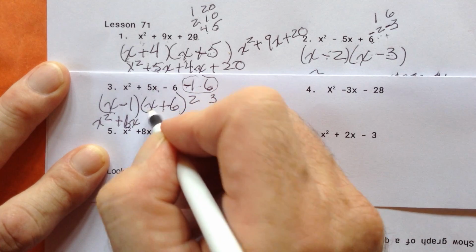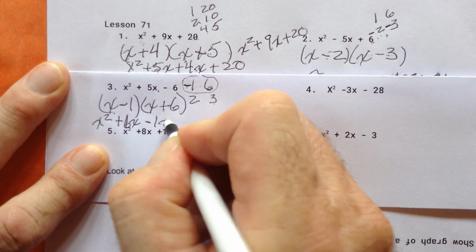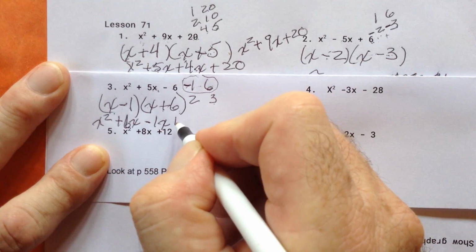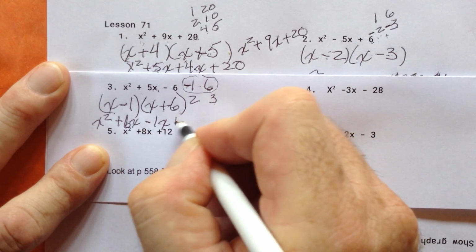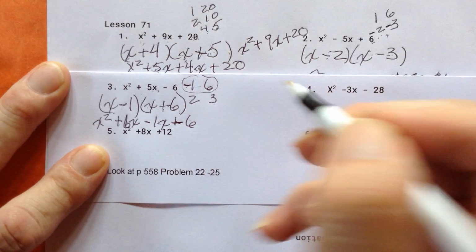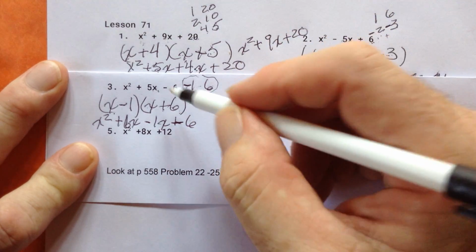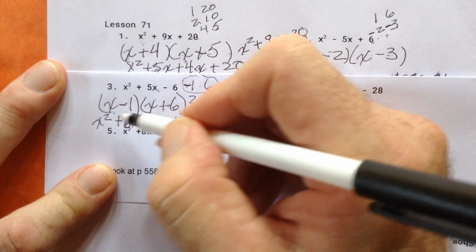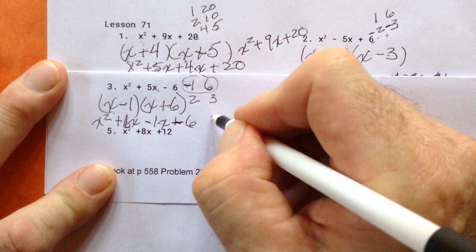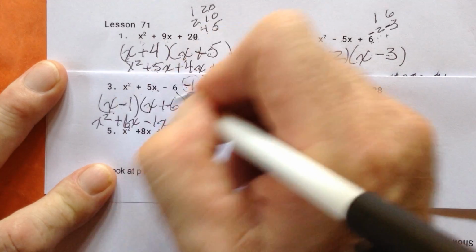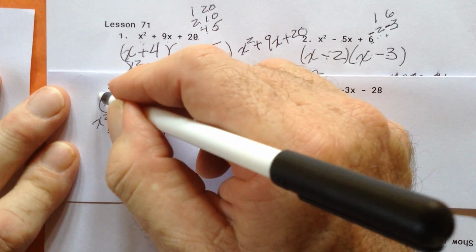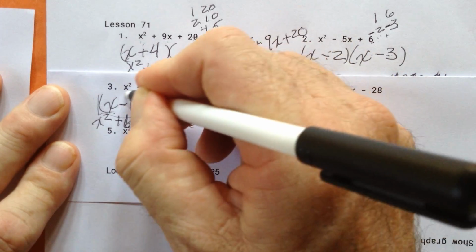And then -1 times x, that'll be -1x. And then -1 times 6, that'll be -6. Okay, so these two here will add up, +6 minus 1, that'll be 5x. So you'll end up right back to this right here. Okay, so this will be the factors. This will be the answer.